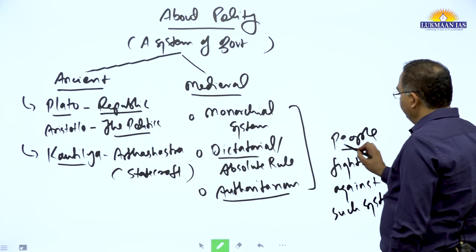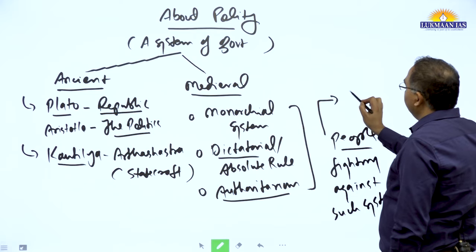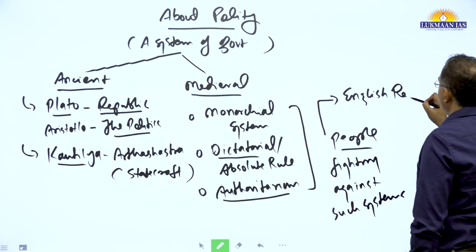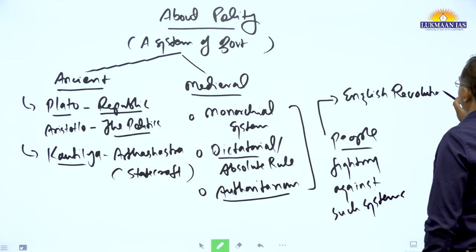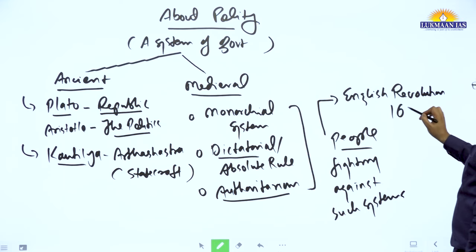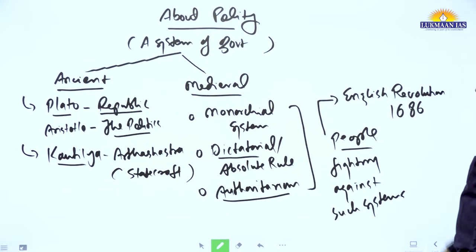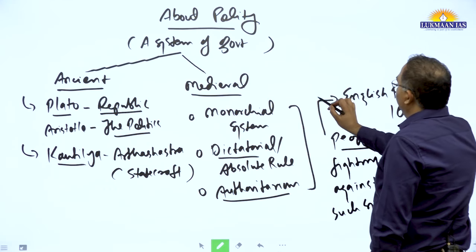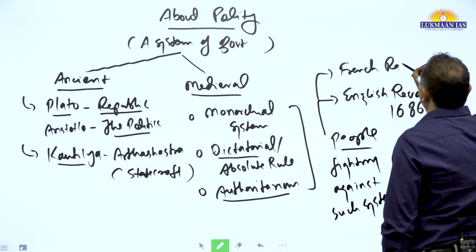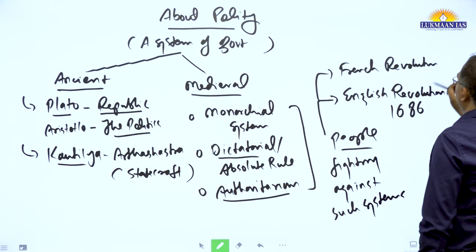So what resulted from this? The English Revolution. No, it is 1600, I guess, 86 or something, 88. Then we have the French Revolution.